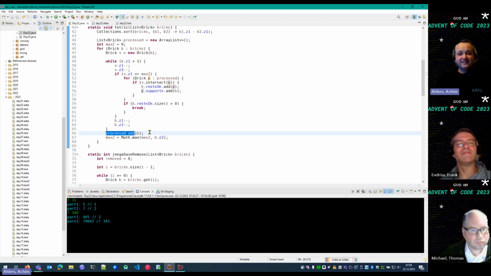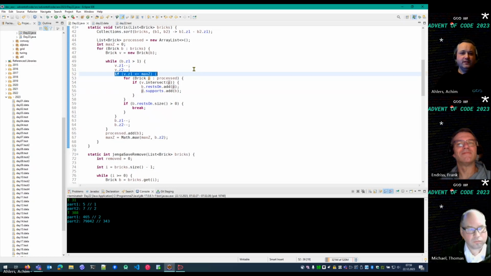This is not the fastest approach in the world, but with this simple performance optimization, I got the Tetris method from something like 4 seconds down to a little below 400 milliseconds. So it does not matter much which algorithm is used here. It's such a small number of bricks that more or less everything works. You just have to get it right.